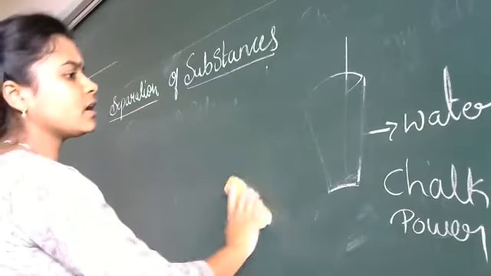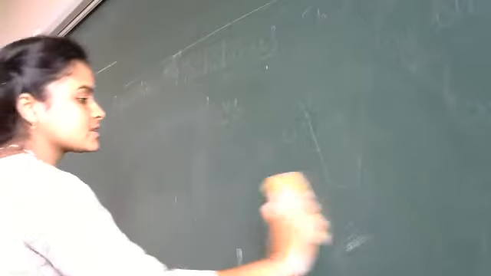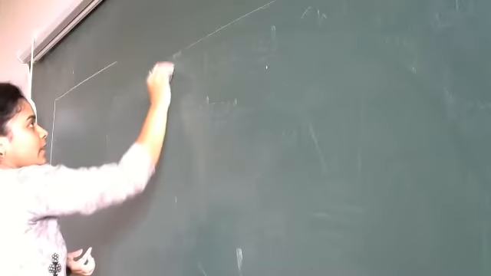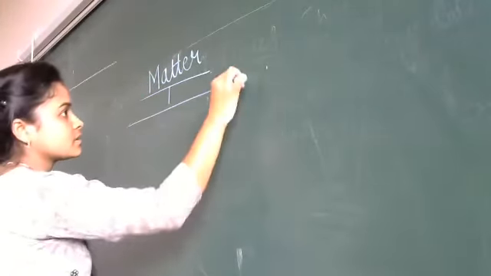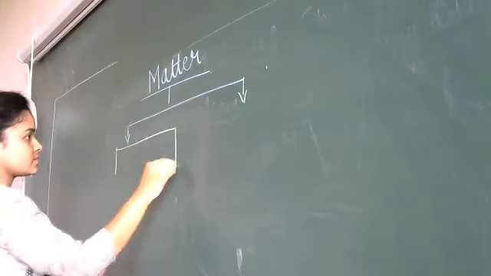So till now, what all we have studied, I'll show you by chart. Remember that. Okay. First we have seen matter, in the previous lesson. Again, under matter we have two types. First one is pure substance.